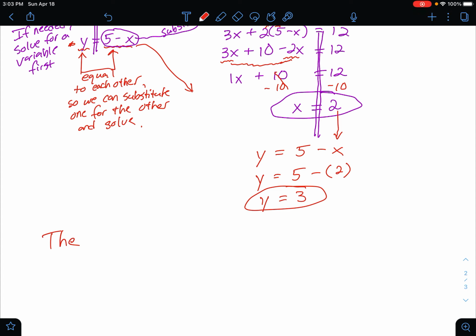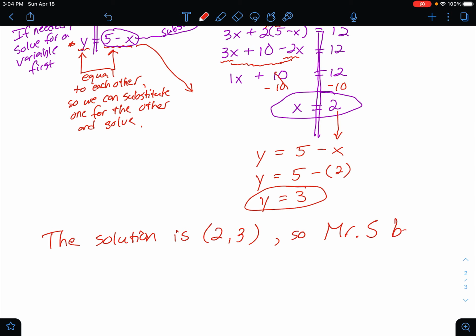So let's just clarify what that means. The solution is 2, 3, in other words, an x value of 2 and a y value of 3. So what does that mean for Big Macs and filet of fish?